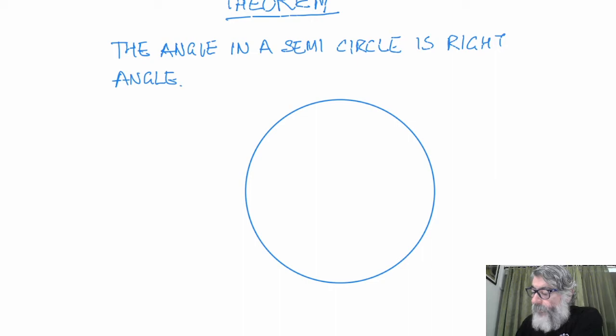Like this is a circle. Let me draw the diameter of this. So this is the diameter. Now this diameter divides the circle into equal halves, and each part is called a semicircle. It is not looking exactly like the diameter, but I am assuming it to be the diameter because I am taking O as the center on top of it.